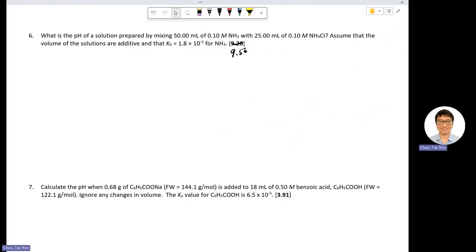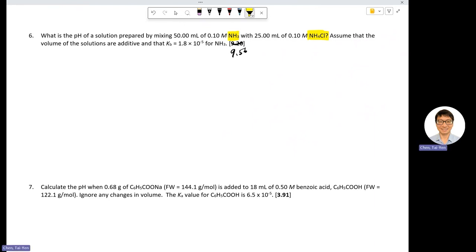So the number one question you want to ask yourself is, what kind of solution do you have? It's a buffer solution. How do you know? You look at the species. This is species number one, that's species number two. They look somewhat similar, right?